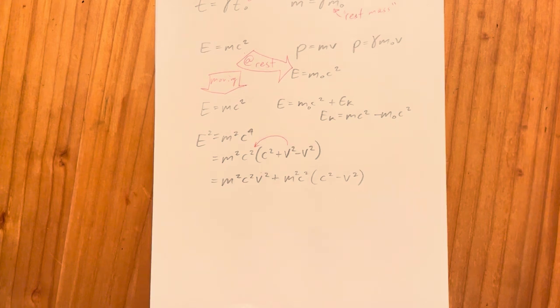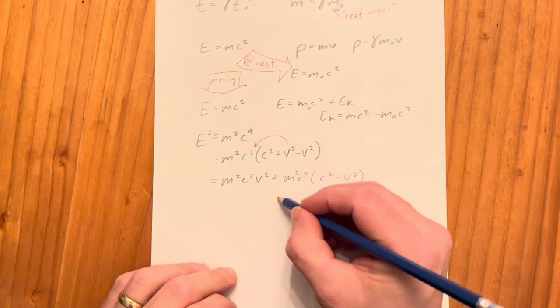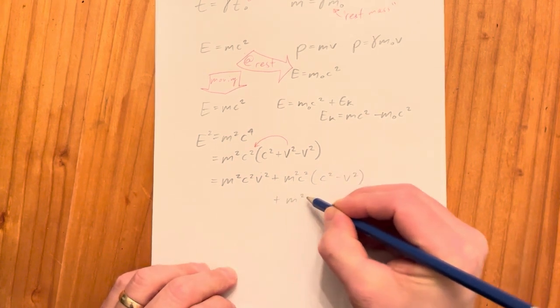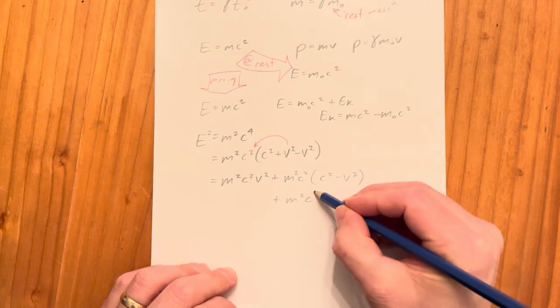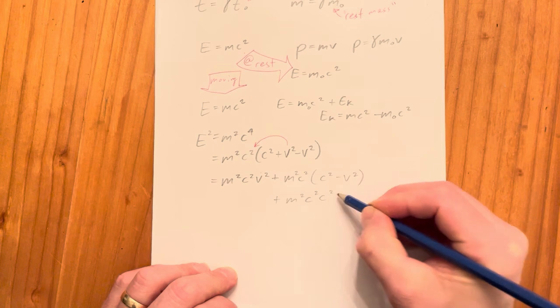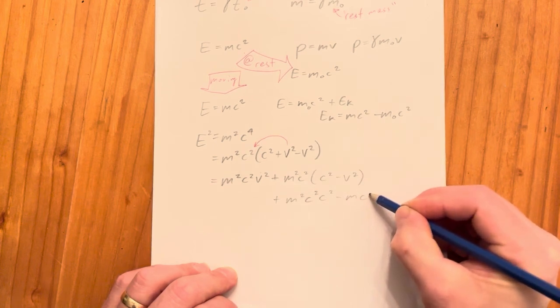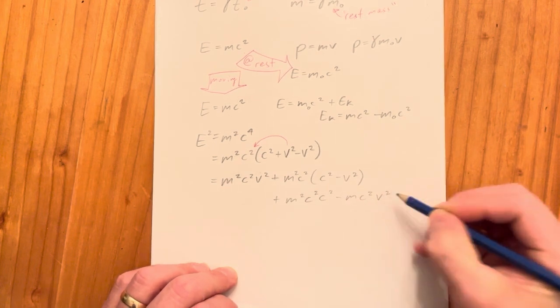And then if I multiply that out, I'm going to have m squared c squared minus m squared c squared v squared.